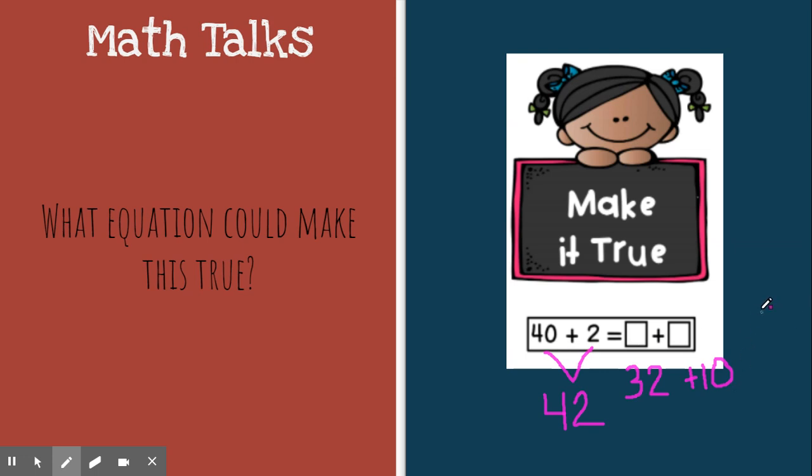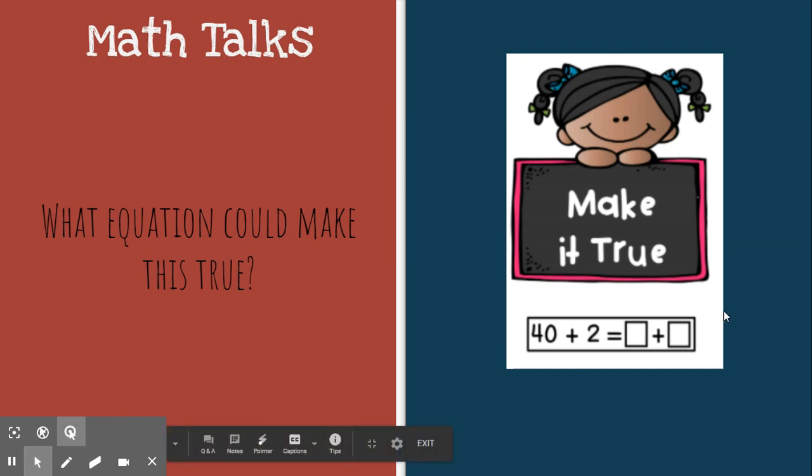Check my work. Does 32 plus 10 equal 42? Great. That means now it's true. I made them equal. All right. I'm going to clear this off so that when I go to the next slide, it's not still sitting there.